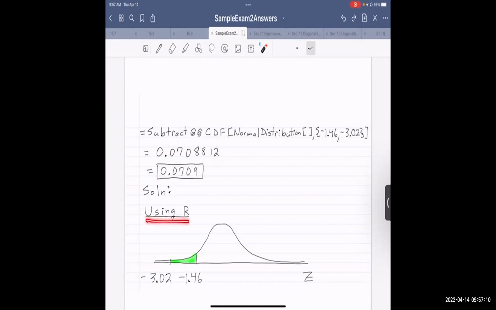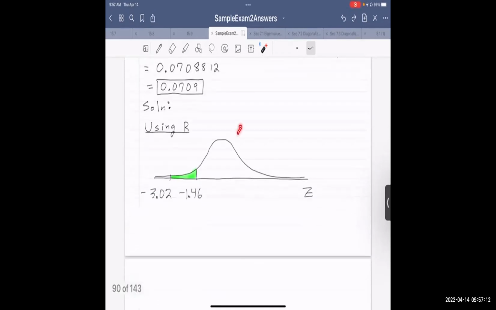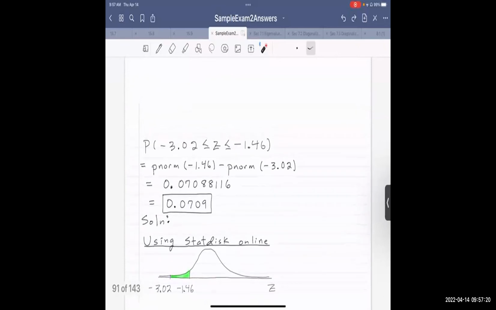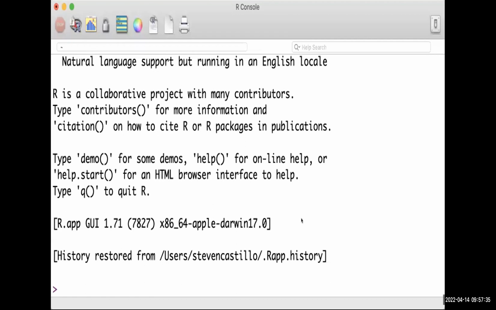I could also use R. If I'm using R here, let's draw the picture. This is the area that we want to determine. I want to find the probability that Z is between negative 3.02 and negative 1.46. So I'll just do pnorm at negative 1.46, and subtract from that pnorm at negative 3.02.